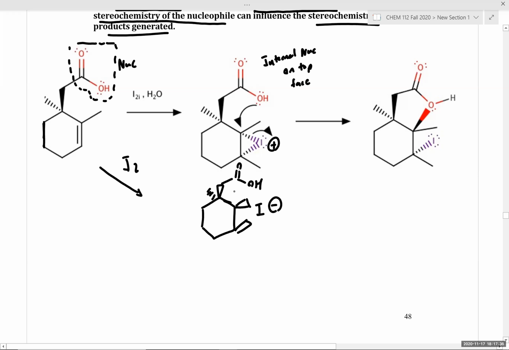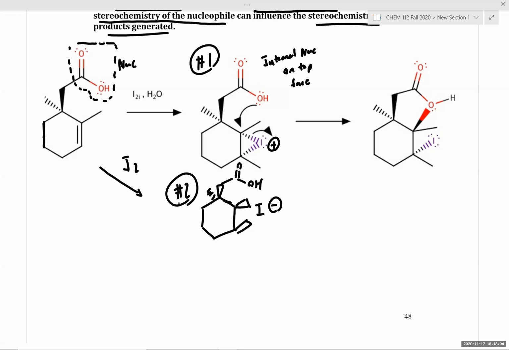So let's just label these 1 and 2. Which of these halonium intermediates has the correct relative arrangement of our nucleophile and halonium intermediate for a productive reaction? Number 1 or number 2?